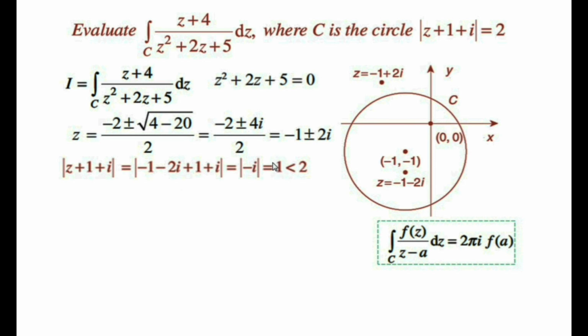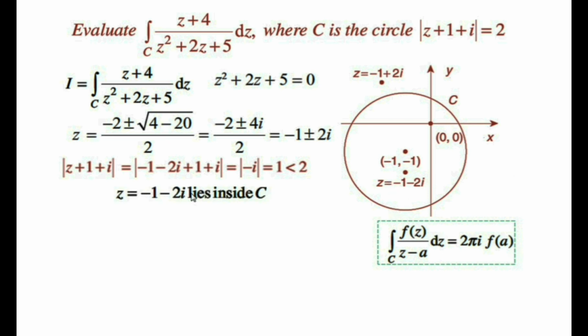Just substituting z with -1 minus 2i, we get the modulus of -i. We know that the modulus of a plus ib is root over a square plus b square. Here a is 0, b is -1. So root over 0 square plus (-1) square is only 1. This is the radius. So 1 is less than 2. That means the point lies inside the closed curve C.